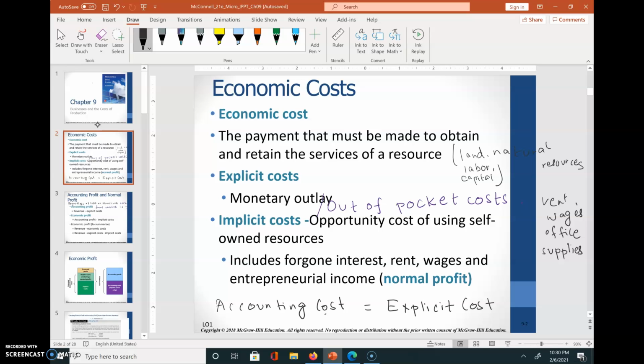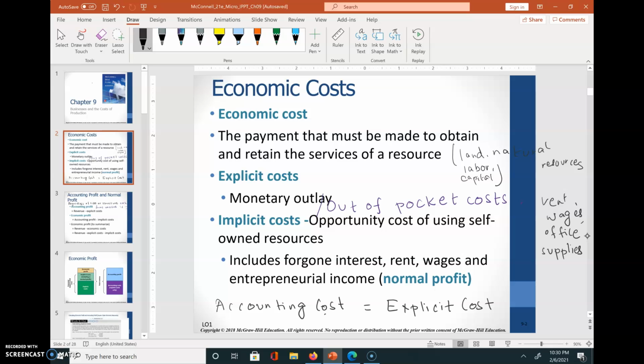Explicit costs are the monetary outlays, or we can say the out-of-pocket costs, as for example, rent, wages, office supplies. Now, implicit costs are something which we do not really pay directly, but we are feeling indirectly.